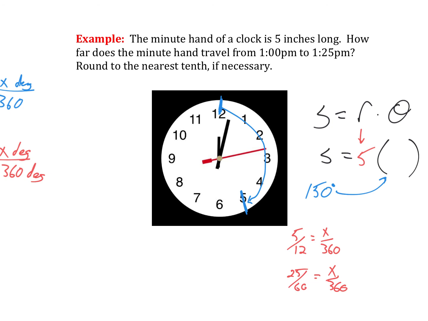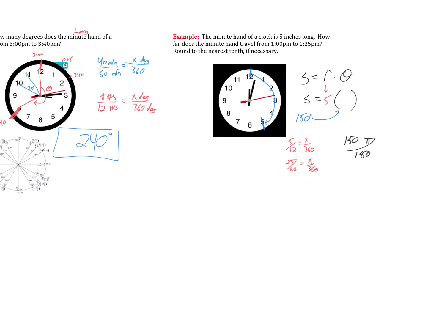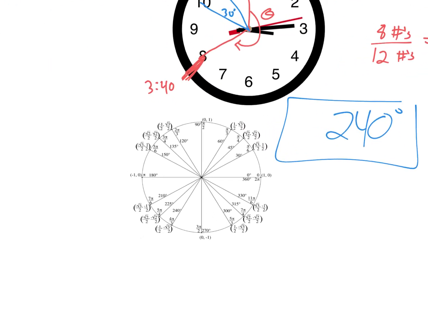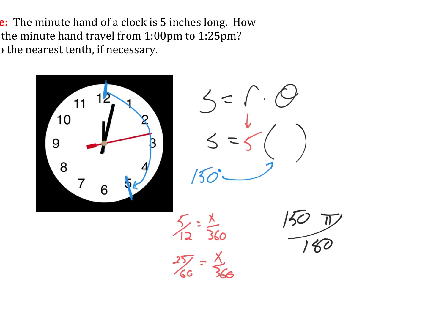So to convert 150 degrees into radians for this arc length formula, I would do 150 times pi over 180, and then just reduce down, 15 over 18, or 150 over 180. They can both reduce down by a factor of 30, so I get 5 over 6. If you're still confused on that, you could refer back to our unit circle and say, okay, 150 degrees, that's 5 pi over 6. So we just found our theta, 5 pi over 6 radians.